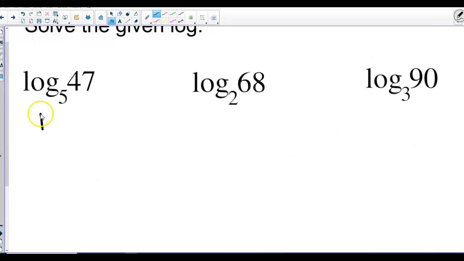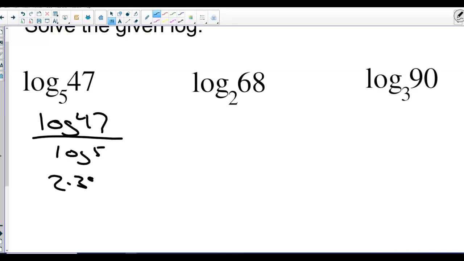So I'll allow you to take the shortcut here, log of 47 over log of 5. And you can just type that into the calculator. So we have 47 log divided by 5 log. 2.39 is your answer.